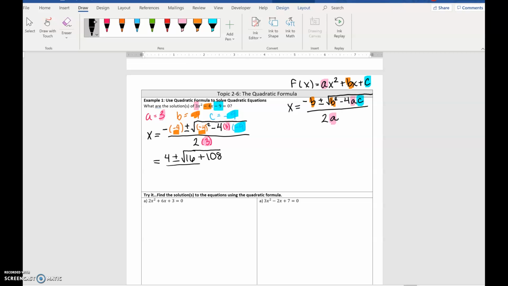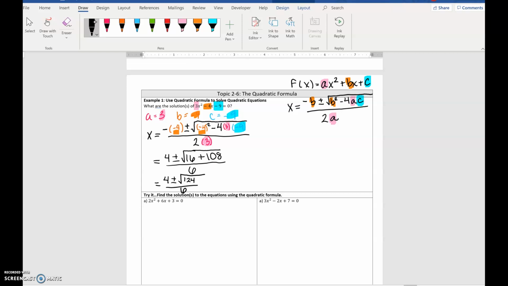So we have that inside. And then 2 times 3 would be 6. And then we can do 16 plus 108. So we have 4 plus or minus the square root of 16 plus 108, which would be 124. And that would all still be divided by 6.